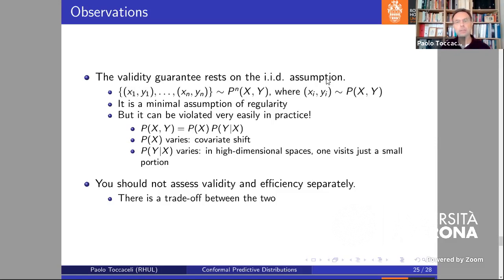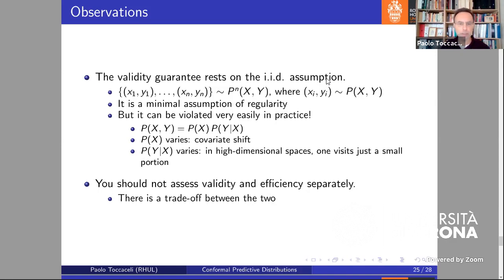If you consider that observations are generated by the joint probability of the object and the label, and this joint probability can be expressed as the product of the probability distribution of the object times a conditional probability of the label given the object, then you can see that there are two ways in which the joint probability can vary.